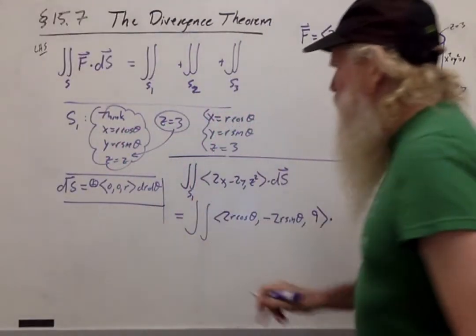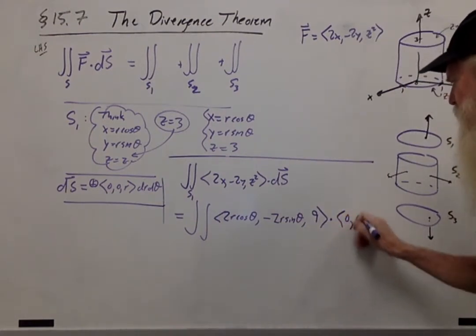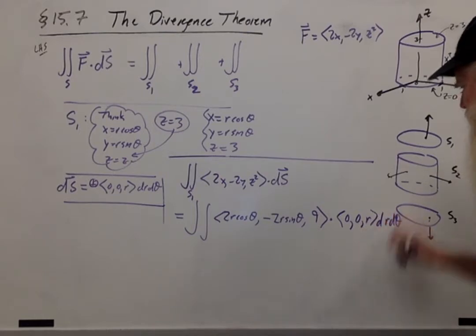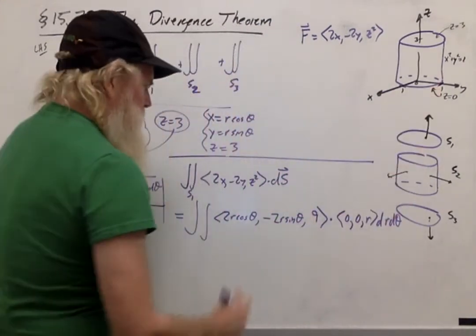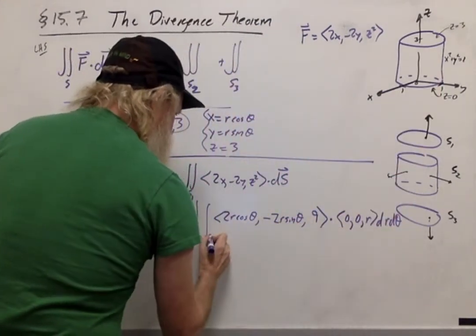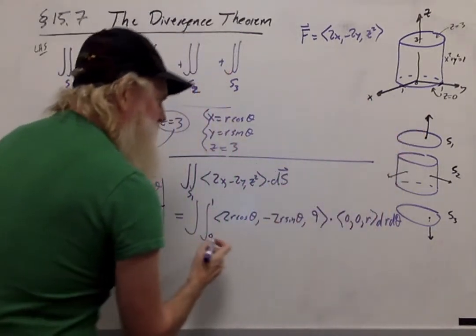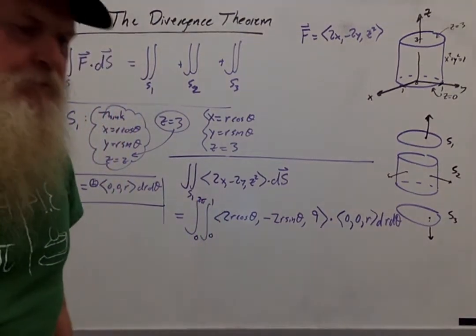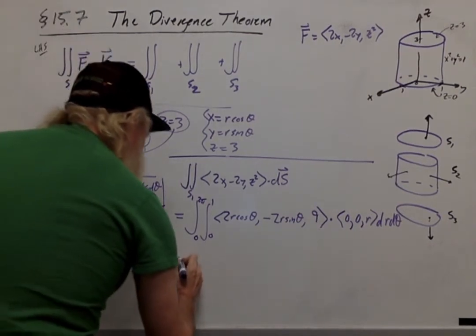And that has to be dotted with the formula we got for dS, which was 0, 0, r dr d theta. Now remember, the radius of this disk is 1, so r goes from 0 to 1, and I'm going all the way around the z-axis, so theta is going from 0 to 2 pi. So let's carry out the dot product and then do the integral.